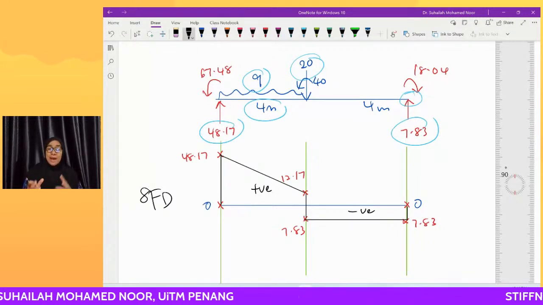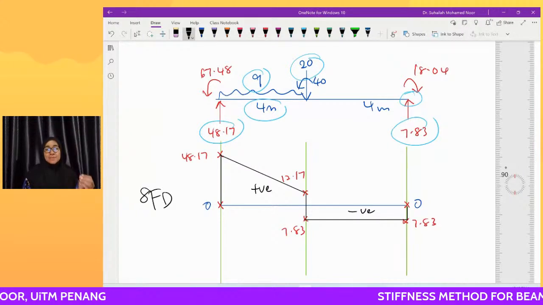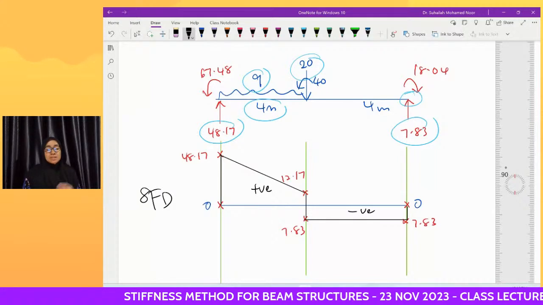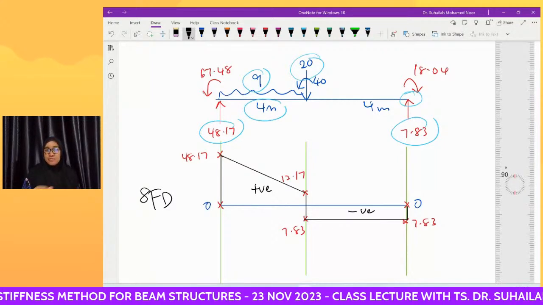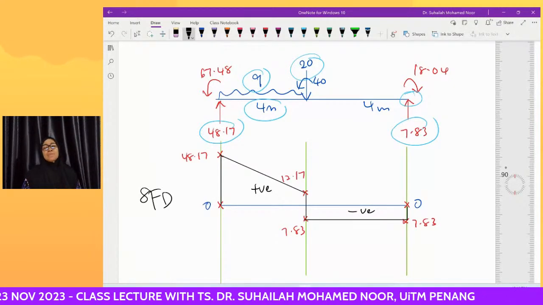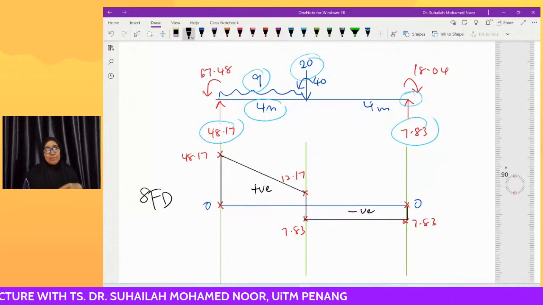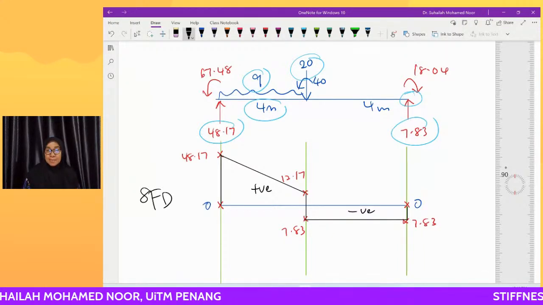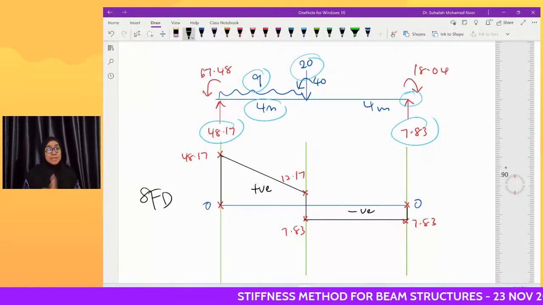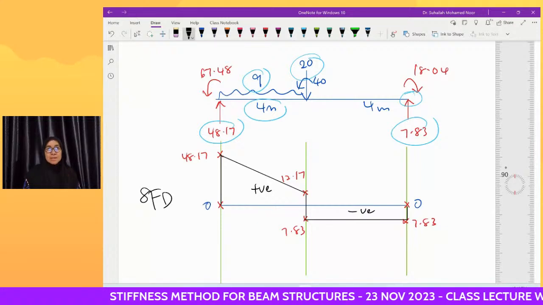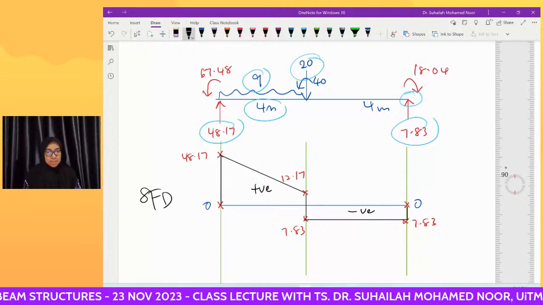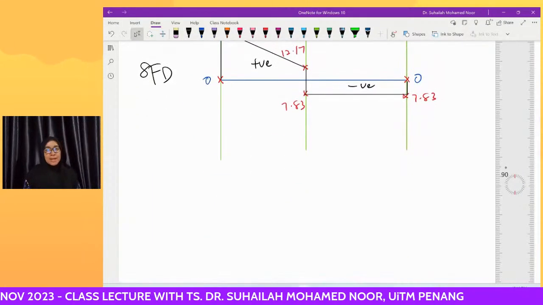When we consider the area, it is kilonewton times the length in meter, so we get kilonewton meter. And kilonewton meter is the unit of moment. So we continue to draw the bending moment diagram.